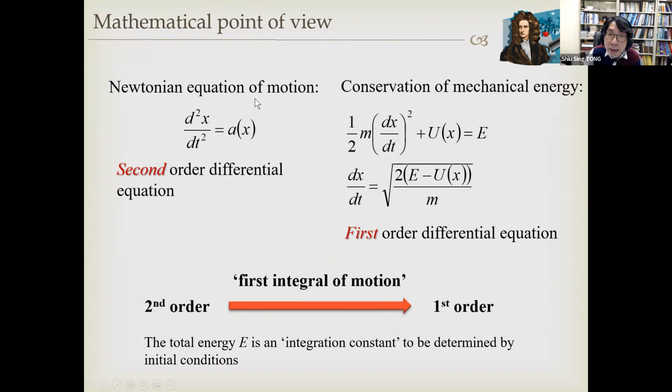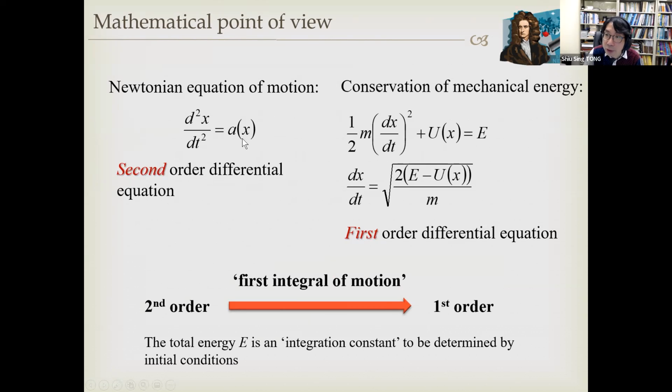Now on the left, you see the Newtonian equation of motion. The second derivative of the displacement with respect to time is acceleration. But in Newtonian physics, the acceleration is the force divided by the mass, right? So if we know the net force acting on the object, we know the acceleration.